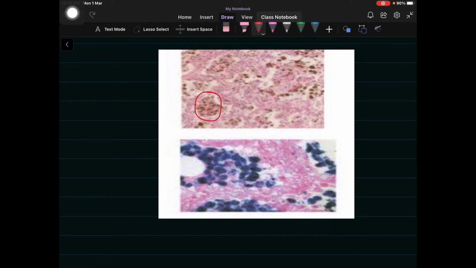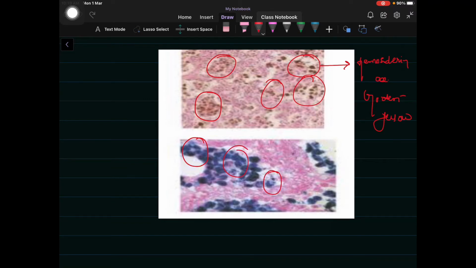See, here we can see the golden yellow refractile pigment, the hemosiderin accumulation. This is the normal hemosiderin accumulation, which is a golden yellow refractile compound, and when it is stained by the Prussian blue or the Perls stain, it looks blue in color.